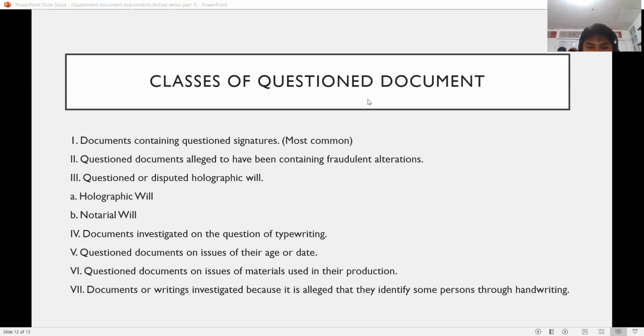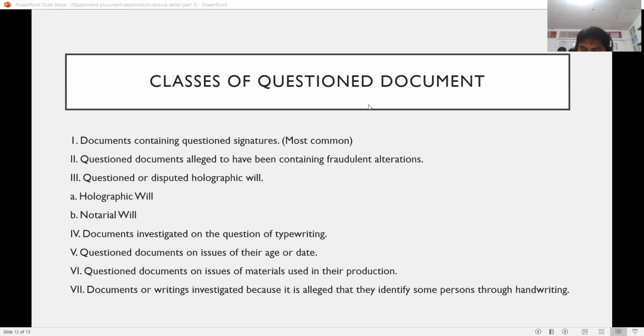So it can be questioned. Then questioned documents on the issues of materials used and their production. Generally, most of the public documents are the ones subjected to this kind of controversy. And also our currency bills.